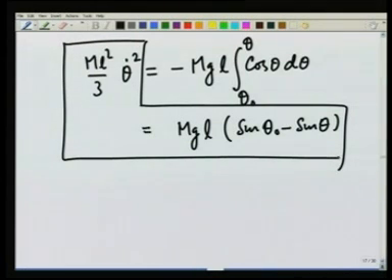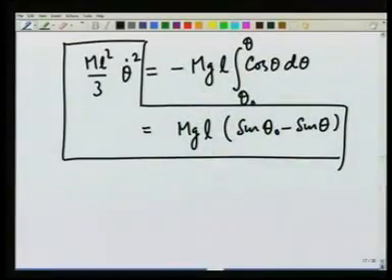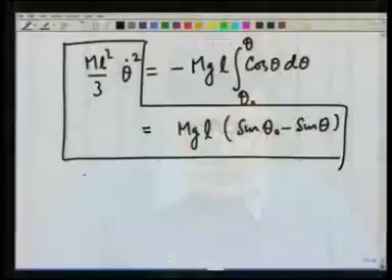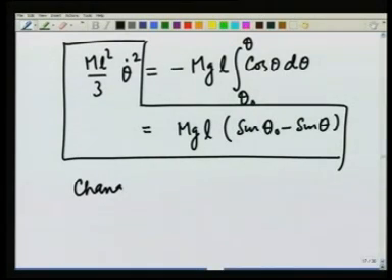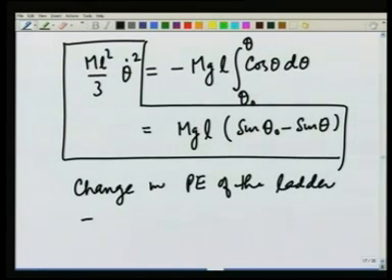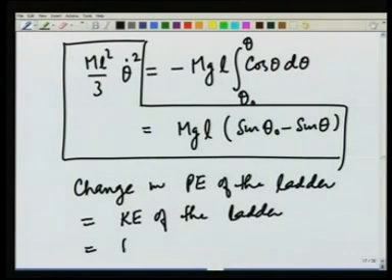This is the final equation that I get. A note here, this is really nothing but the energy conservation equation. I would leave it for you to find out that the change in PE of the ladder is equal to the KE of the ladder, which is equal to KE of CM plus KE about CM.